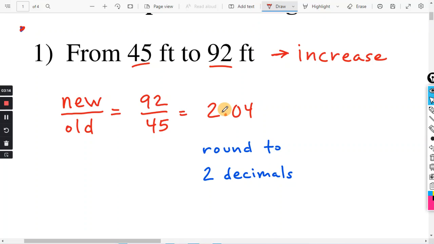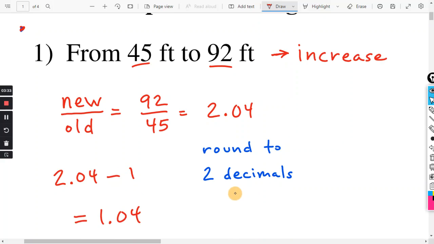And we said when it is an increase, you want to take the number that you get and subtract 1. So I'm going to do 2.04 minus 1, and that will equal 1.04.